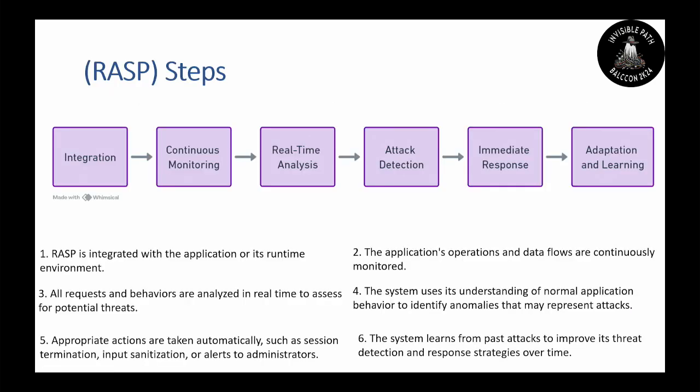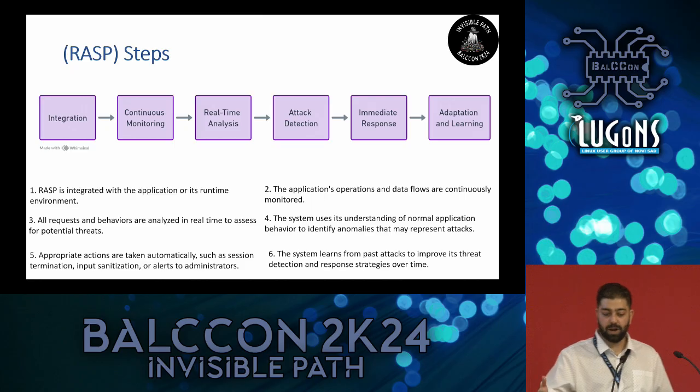Think about it. To deploy RASP in simple steps, the first part is thinking about the integration. You must be able to integrate RASP within your application and runtime environment. Then we have continuous monitoring.